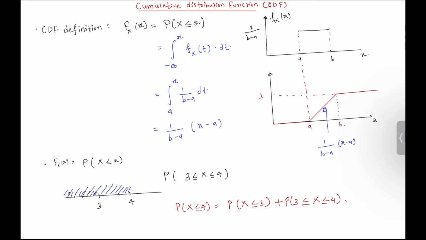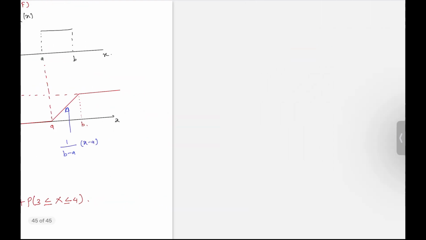What you will do? If you want to find the PDF, you can simply take the derivative of both sides with respect to x, and that will give you the probability density function.